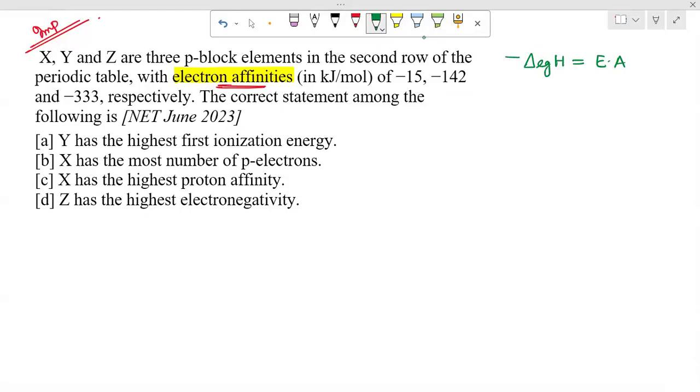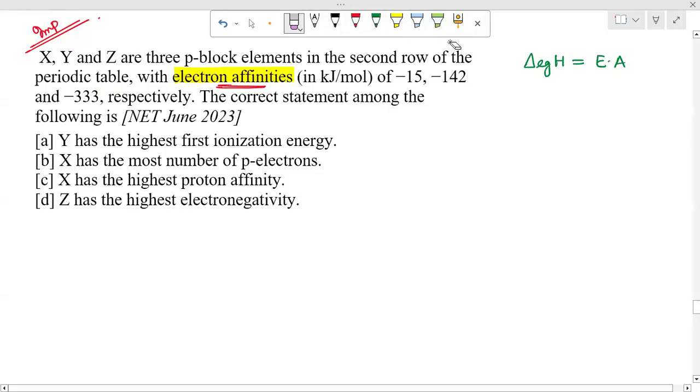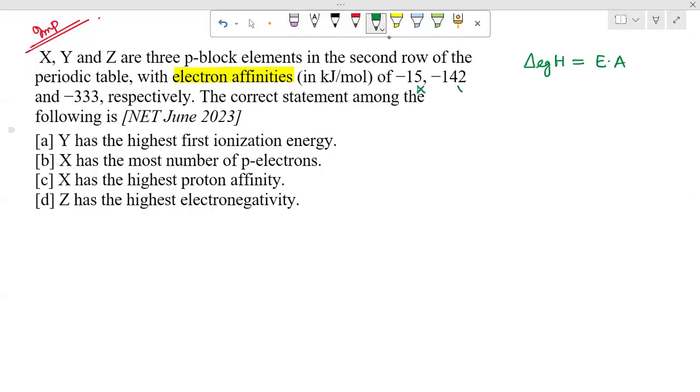But over here, they have used the terms interchangeably. And they say that the electron gain enthalpy or affinities, both are taken to be the same in this question, is minus 15 for X, minus 142, and minus 333 respectively. So that means the electron gain enthalpy or the affinity is highest for this particular species, Z.